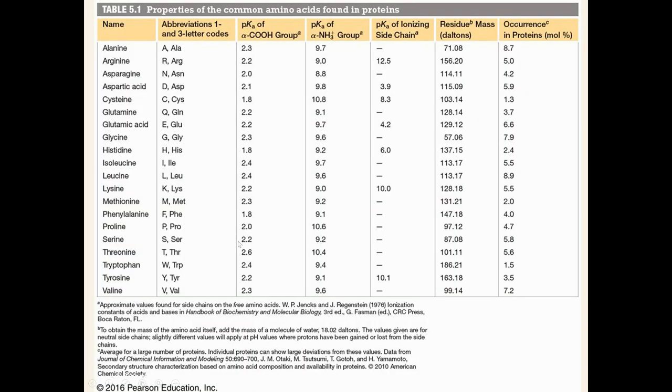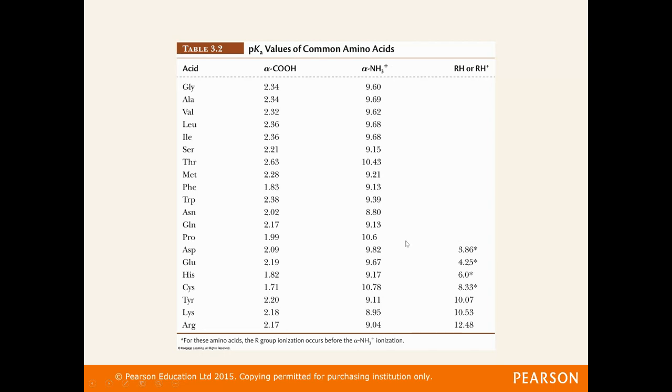Okay, now let's talk about how we're going to predict the charges of these side chains. This is a slide that you have here. I actually prefer the one from your textbook. So the one from your textbook is here. And this is one that I shared with you if you were at the Zoom lecture, through the file that said amino acids for exam.